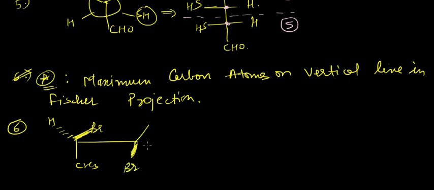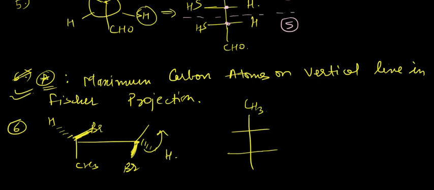Br comes towards you, and you have CH3 or H going away from you. Okay, so let's draw the Fischer projection for this. You know the trick. Just rotate this to form a conformer in which CH3 goes below the plane so as to include the above mentioned point. So Br comes here for the second carbon, H comes here, CH3, H and Br.